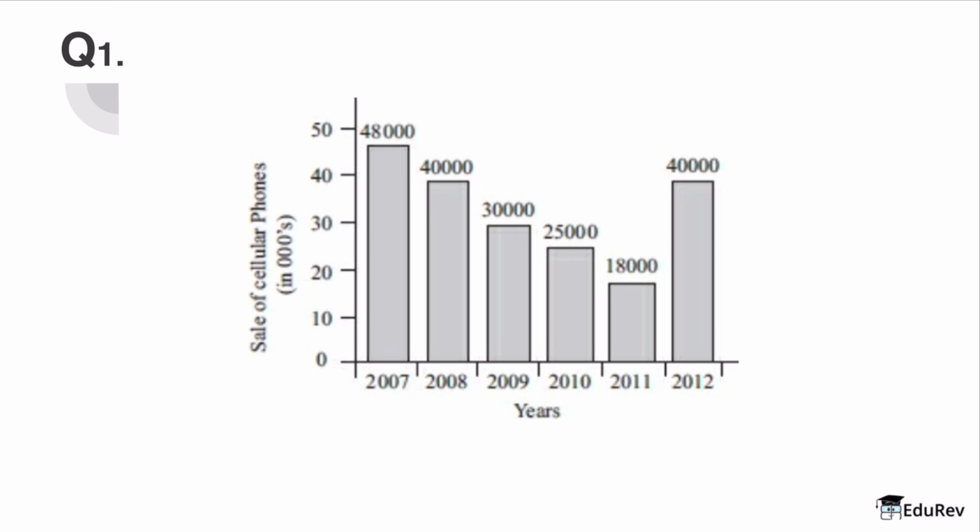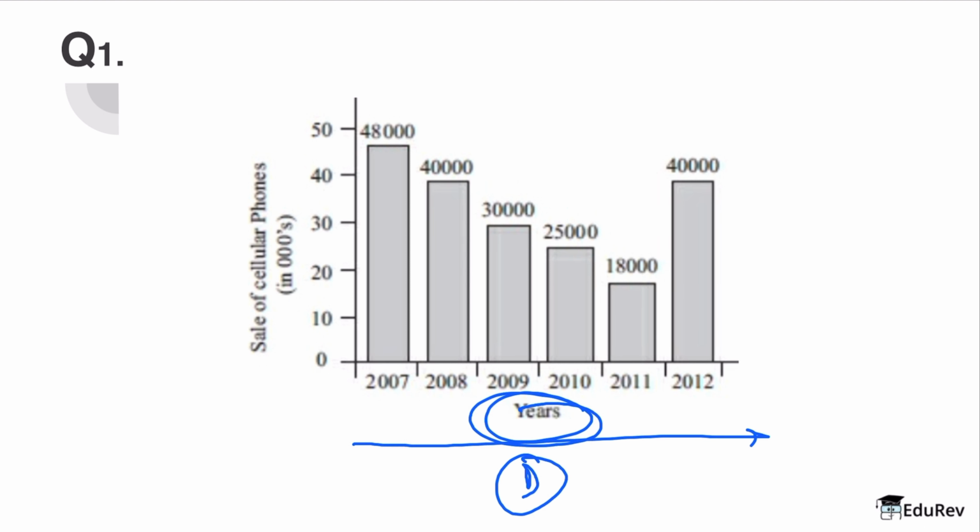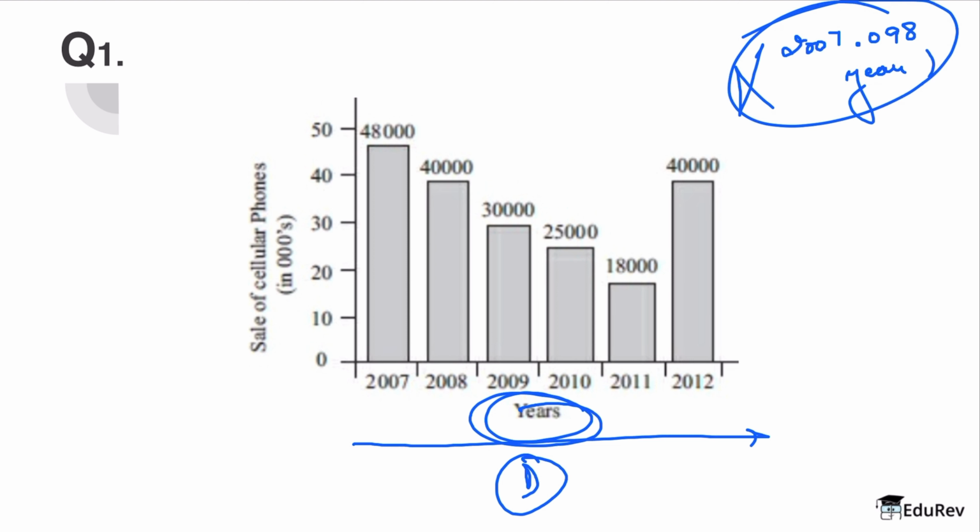So here, what is given? First of all, this is discrete. Obviously years need to be in a discrete format. I cannot say something like 2007.098 years. This is wrong. What is the meaning of this? It has no meaning. It's absurd. There is nothing like 2007.098.